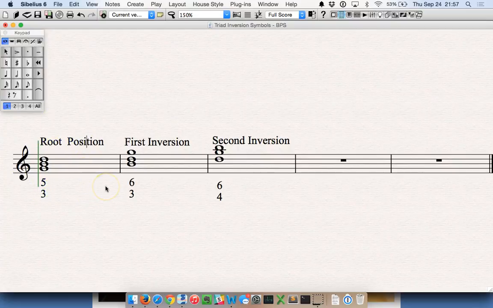First inversion will most commonly be just a 6. And second inversion will always be a 6-4. So there it is. Just because we're showing these as close position chords, we'd use the same symbols if this was open position, but we derive the numbers themselves from close position.